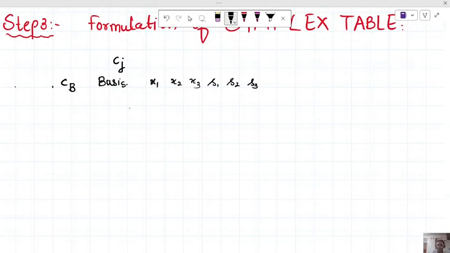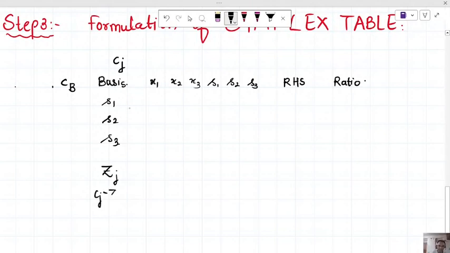Here we write down the RHS, then the ratio that we will have to calculate. Here all the basic variables s1, s2, s3 will come. Below this there will come zj, and cj minus zj. These many things we will be calculating.